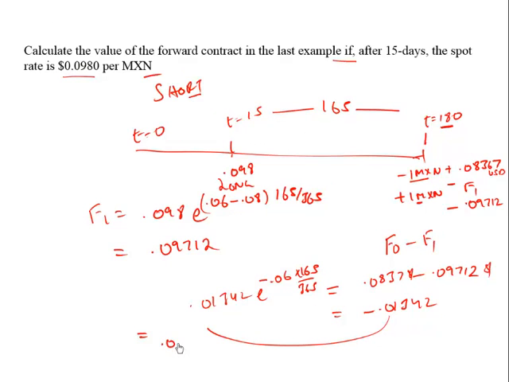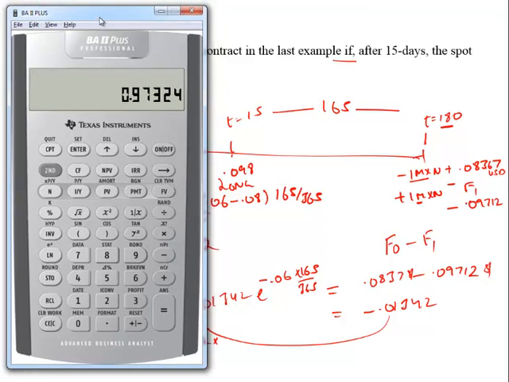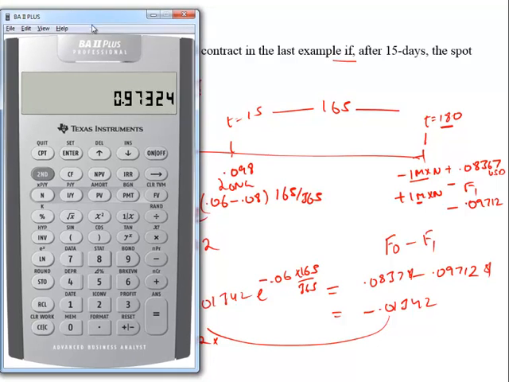That will be 0.06 into 165 divided by 365. Press the plus-minus button, press second and press ln. Multiplied by 0.01342, which will come out to be 0.01306.